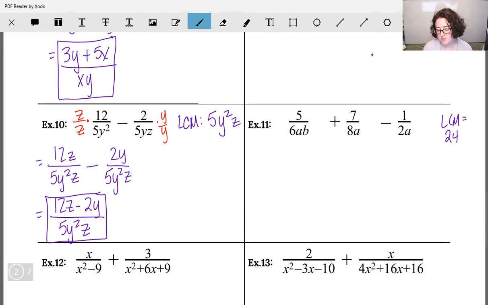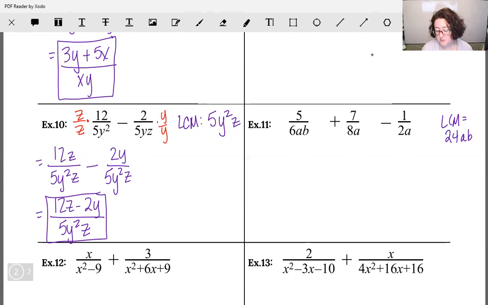And then look at your variables. So I have an a and a b in the first denominator. But then when I look at the second and the third, they have the a already represented and the b already represented. So what you're going to do is multiply in what's missing from 24ab. What do you have to multiply each fraction by, numerator and denominator, to make sure you have that common denominator in each one?